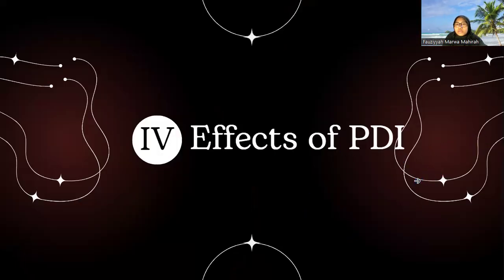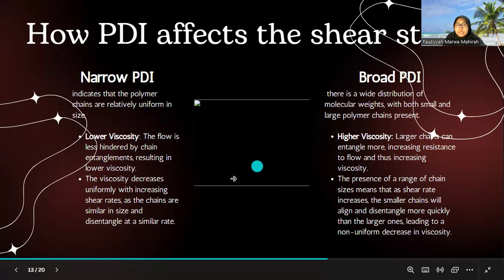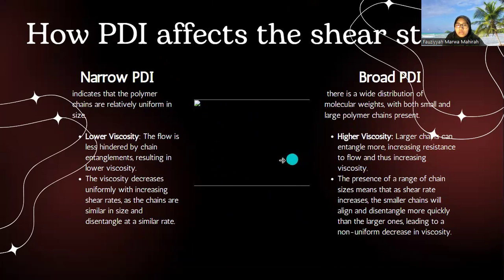So next, we're going to talk about the effect of PDI on polymer viscosity. This should be the graph. But basically, how PDI affects the shear rate. There are narrow PDI and broad PDI.